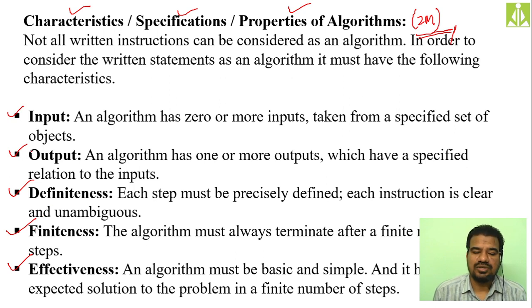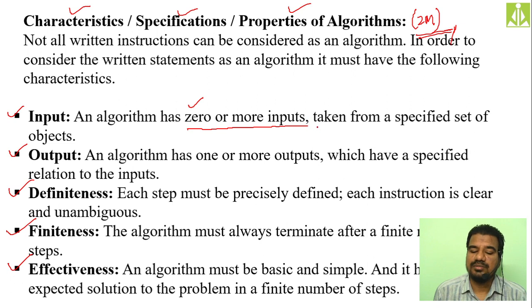So what is input? An algorithm may have 0 or more inputs. It is not compulsory that every algorithm should have inputs. You may have 0 inputs as well. When we do it practically, you will understand why I am considering 0 inputs. So an algorithm can have 0 or more inputs, taken from a specified set of objects.